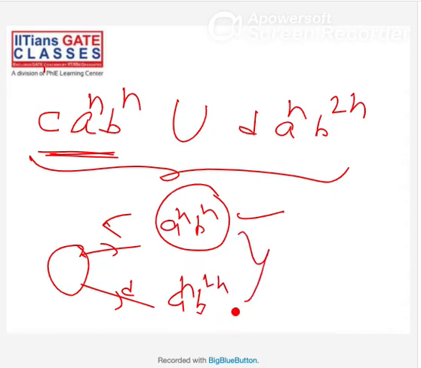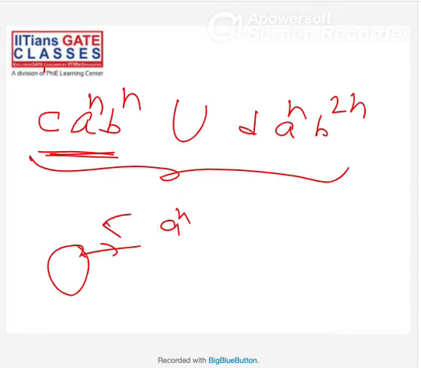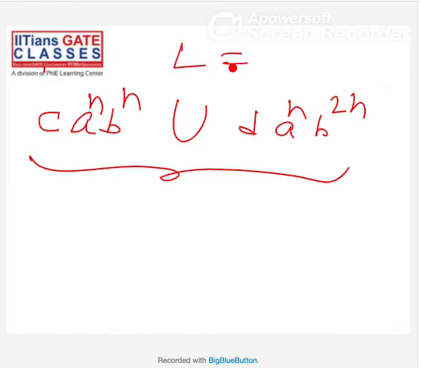So this is DCFL. But now what is the reverse of this? What will be the reverse of this language? So this is our language L, and this language L is definitely DCFL. But what is the reverse of L?